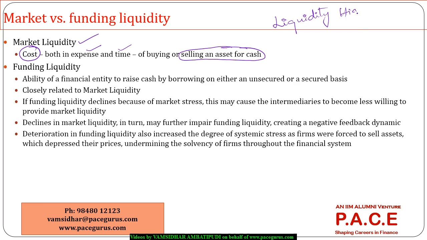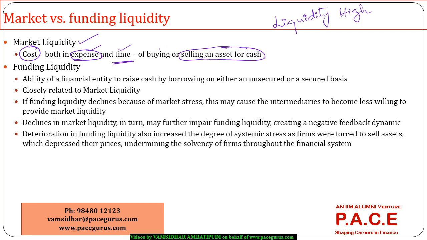But if I'm facing more and more difficulties in selling my asset, it's taking too long for the asset to be sold, and it's not giving me the price that I wanted, I have to compromise on the price before I'm selling that particular asset. Those are the situations where the liquidity is very low in the market.